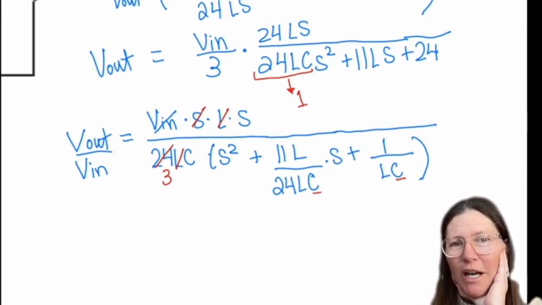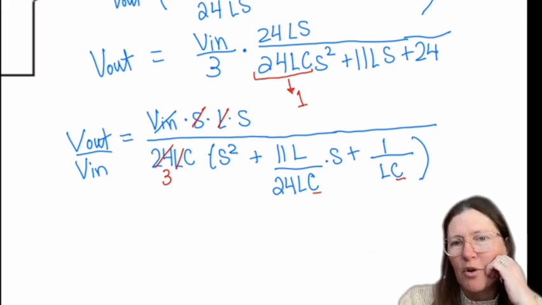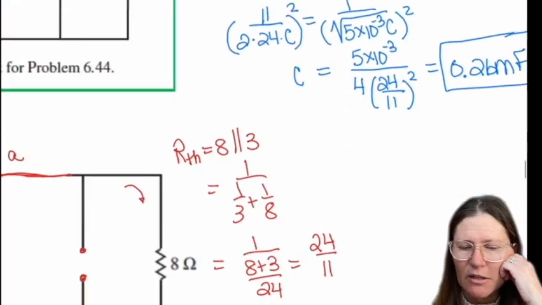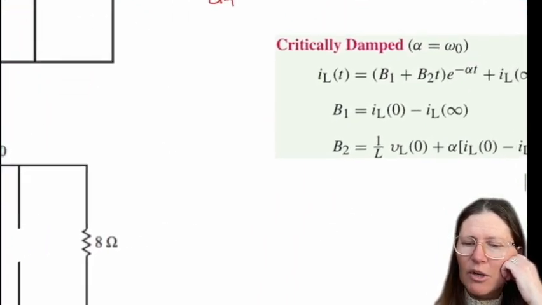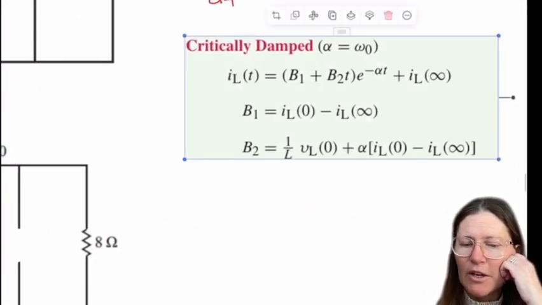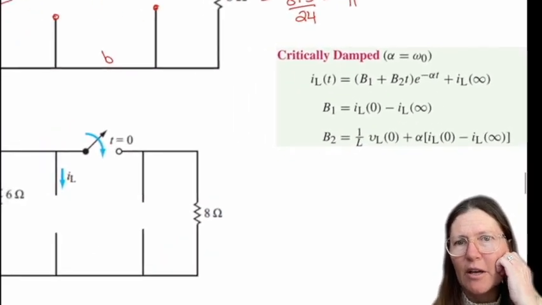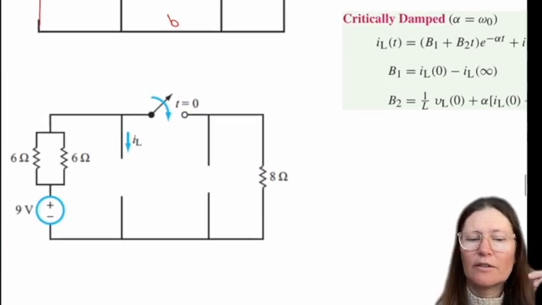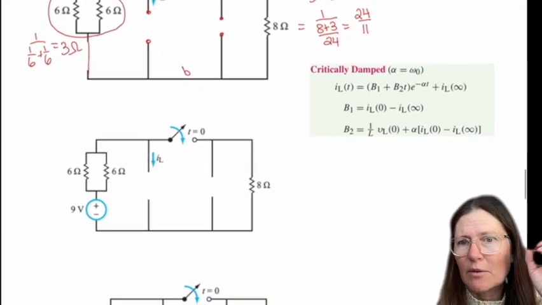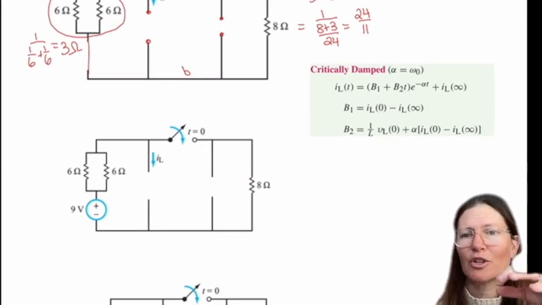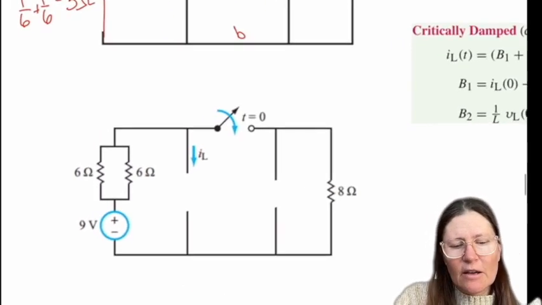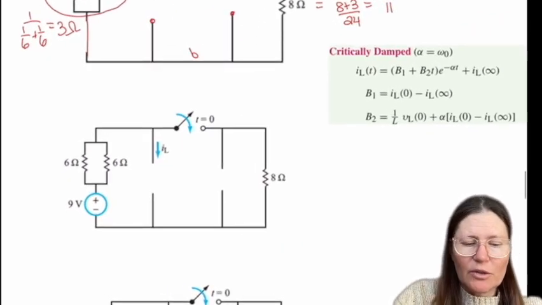So we could go back and solve this one, put it in its factored form, and then use the table to translate it back into the time domain. Here we can use the table to find IL of t by finding the initial and the final conditions. And so either method, you're going to get the same answer. So I encourage you to do them both ways and then see that they do equal each other.